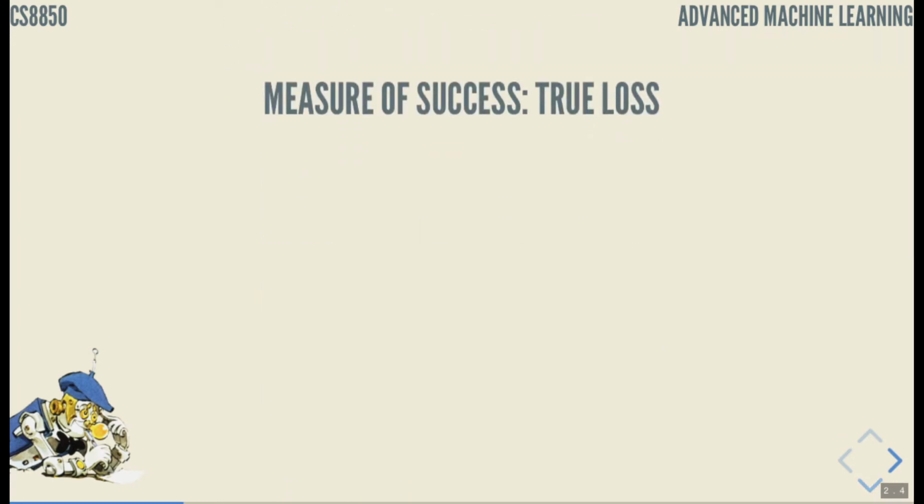But in order to solve the problem, simple formalization of all the parts is not enough. We need to set up a measure of success. So let's first define the true loss, the loss that measures success when we know everything and have access to all the data.